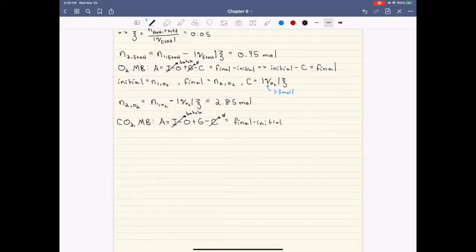The initial amount: we didn't charge the system with any carbon dioxide, so this is 0. What we're left with is that the generation is equal to the final amount.